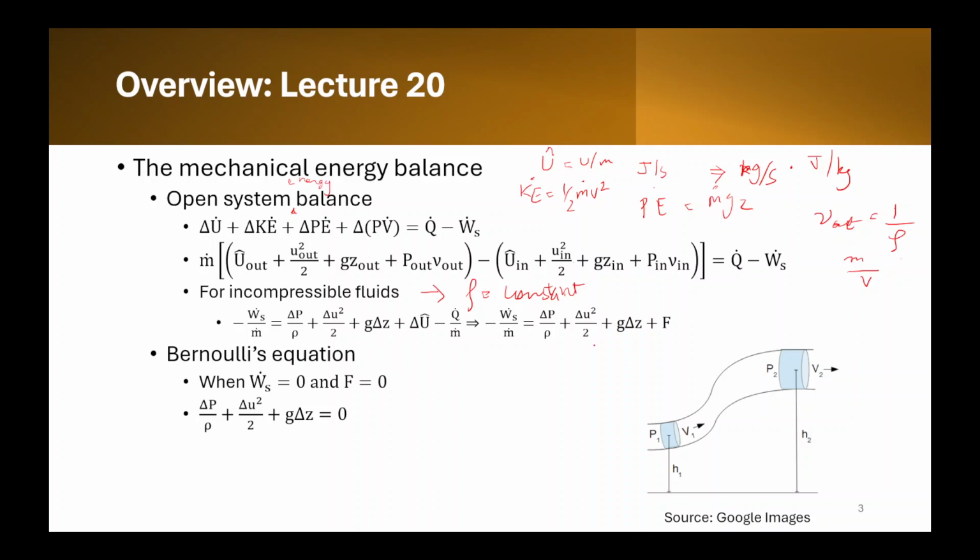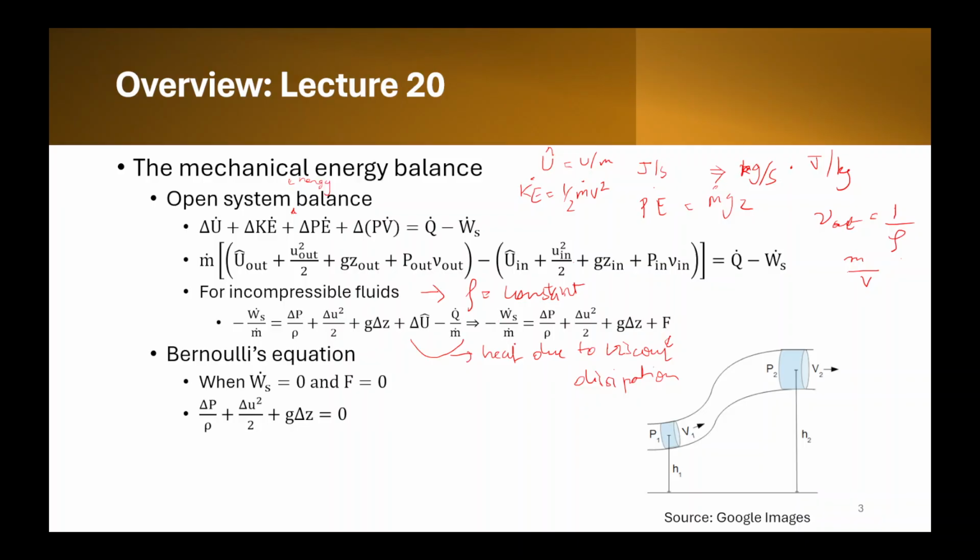Rearranging again, this term here is heat due to viscous dissipation, which is due to the viscosity of the fluid. You write it as F. So for incompressible fluids, this is the mechanical energy balance that you get.